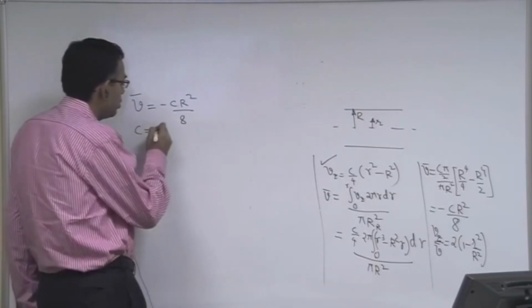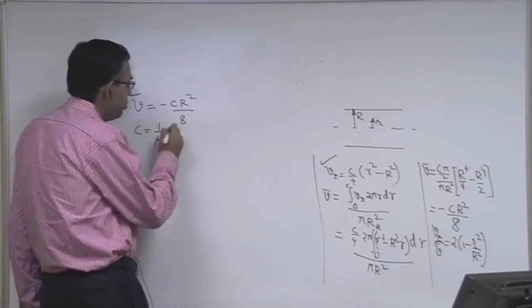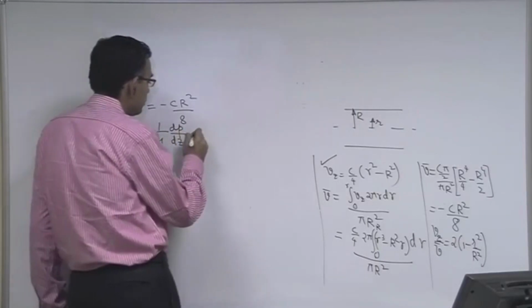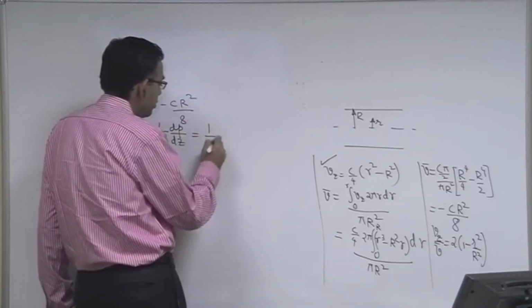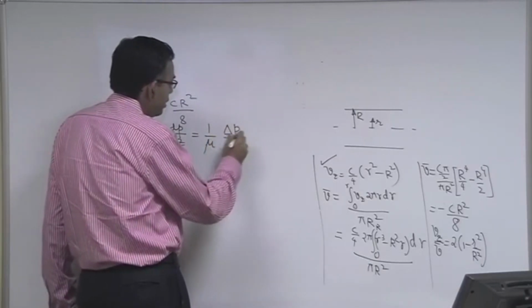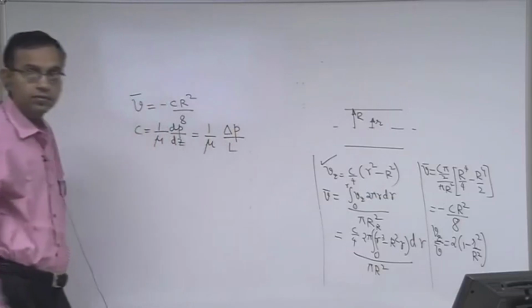And C is equal to what? 1/mu dP/dz, that is 1/mu delta P by L.